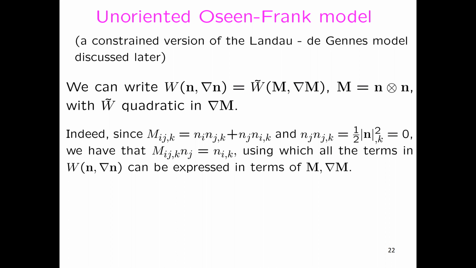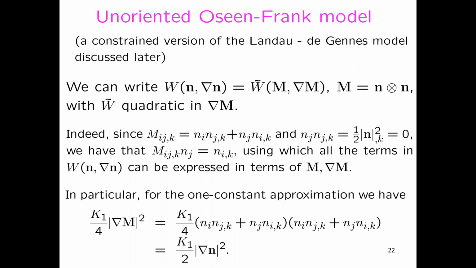So you can express all the terms in W in terms of capital M and the gradient of capital M. For example, in the one constant approximation, k1 over 4 times the gradient of n squared becomes k1 over 4 times m_ij,k m_ij,k.